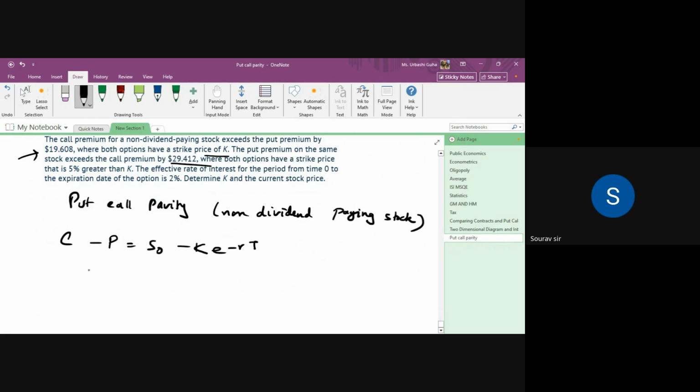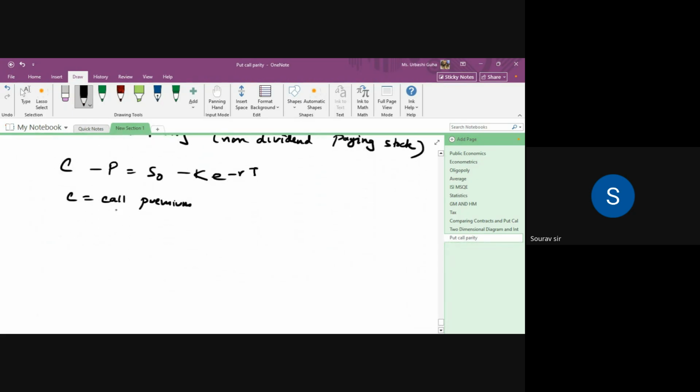What is C? C is our call premium. What is P? P is our put premium. What is S naught? That is the current stock price. What is K? Strike price.